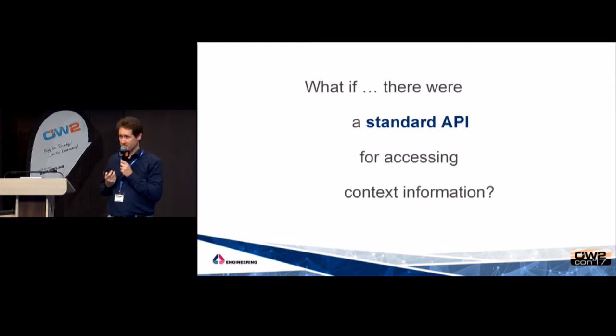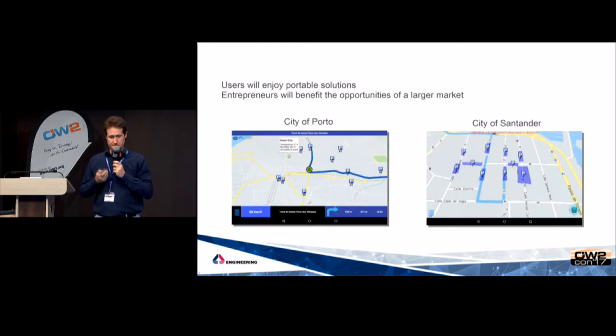The other key point in the FIWARE project is the standard API. FIWARE provides a standard open API and a standard data model for accessing context information. And what are the benefits of this approach? Of course, you can build an application and use that application in many scenarios.